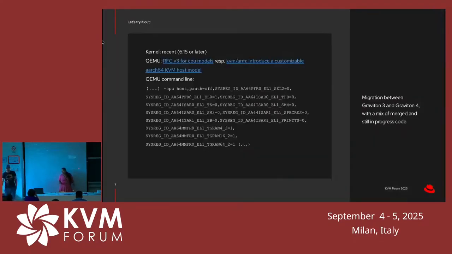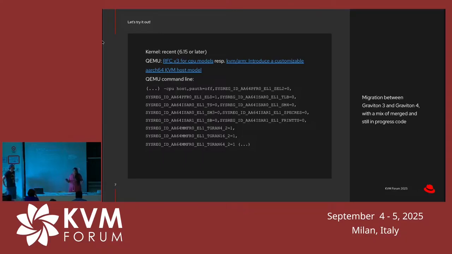So we do have some things working. One example we have here as a working example is if you use a recent kernel, use my RFC of the writable ID register configuration in QEMU, and then use this following short excerpt of the command line, with a few easy steps.